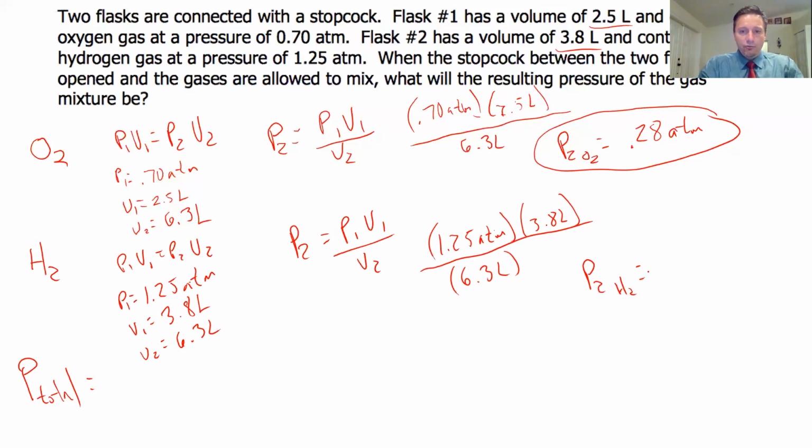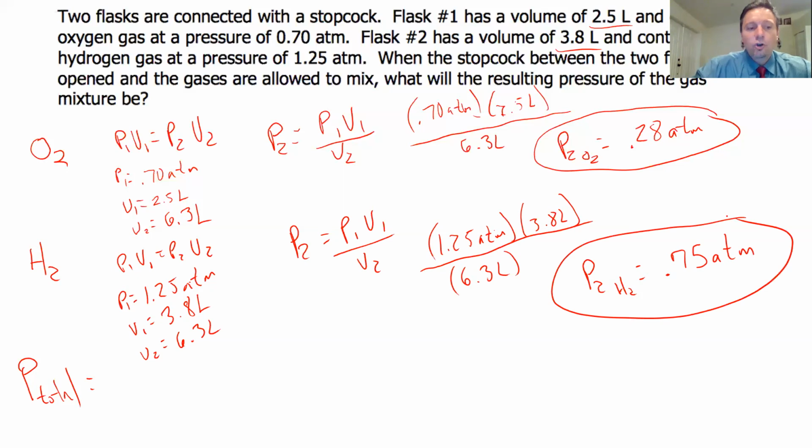So I have 1.25 times 3.8 divided by 6.3, and I have to round once again to 2 significant figures here, and I'm going to get 0.753, so that's going to be 0.75 atmospheres.